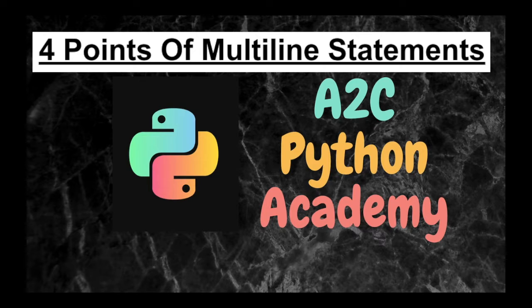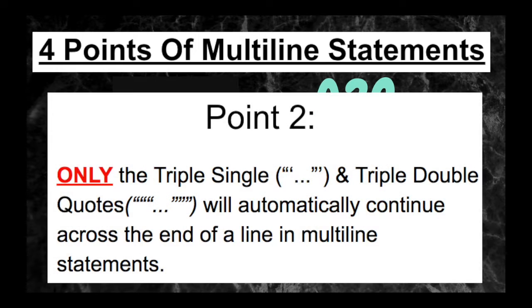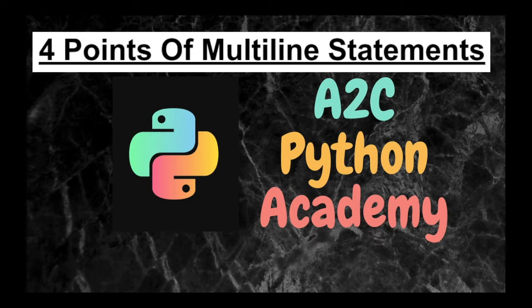Point 2. Between the single quotes, double quotes, triple single quotes, and triple double quotes, only the triple single and the triple double quotes will automatically continue across the end of a line in multi-line statements. This is because the triple single and triple double quotes are considered automatic characters.